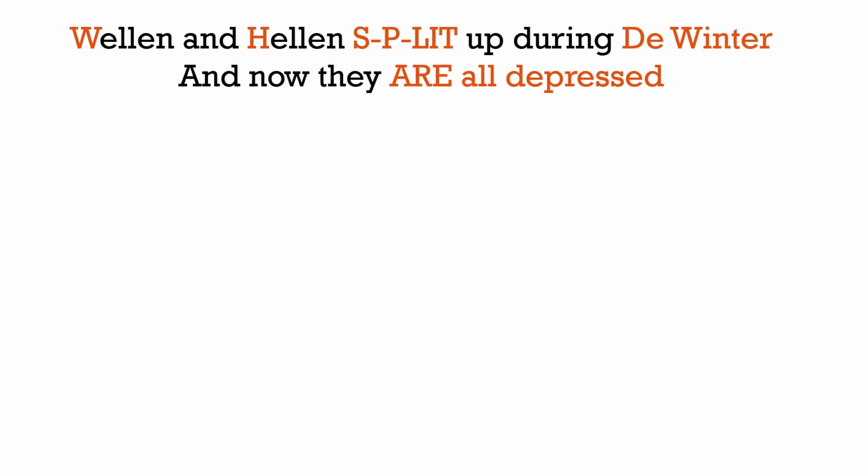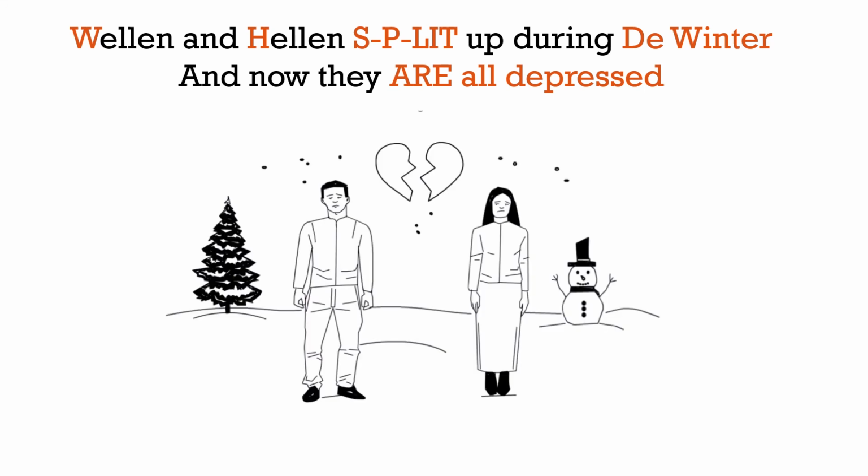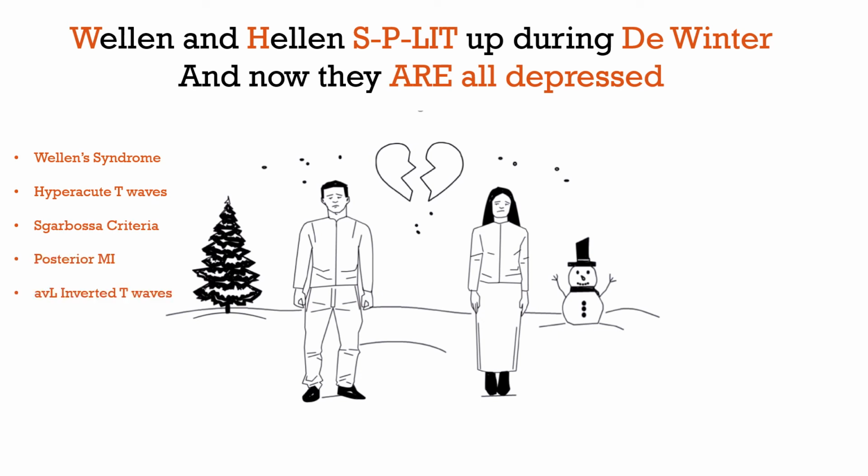Now bringing it all back together, Wellens and Helen split up during the winter and now they are all depressed. Wellens stands for Wellens syndrome. Helen represents hyperacute T waves. Split up represents Sgarbossa criteria, posterior MI, and aVL inverted T waves.